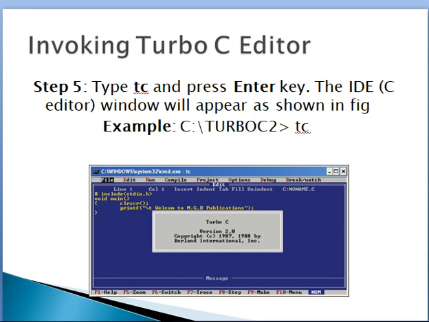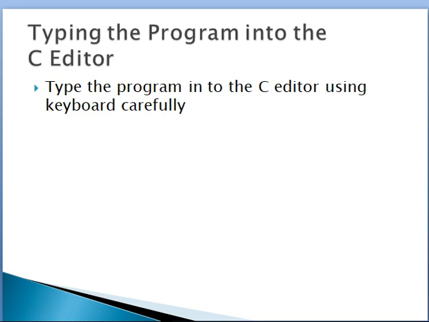After opening the Turbo C editor, we have to write a C program. To write a C program in the Turbo C editor, just type the program using the keyboard.